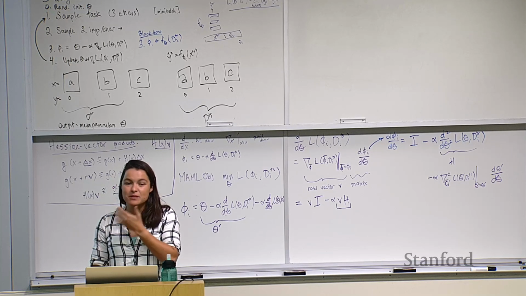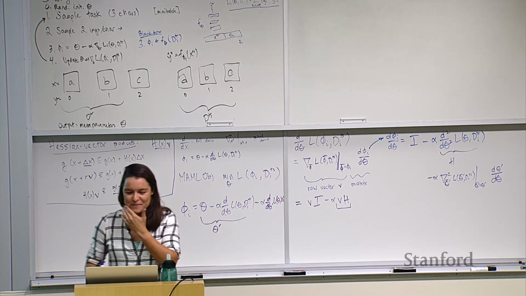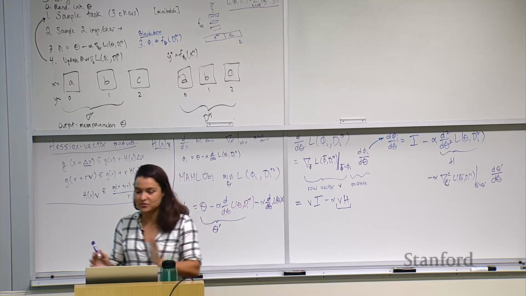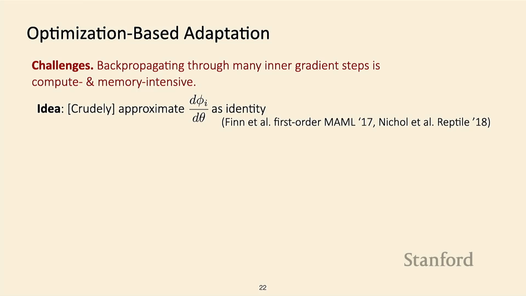For simple image classification tasks, you can actually do this, and that's not the identity, by the way. So it turns out to actually work in some cases. There's another paper that explicitly proposed this sort of first order method as well. And so if you do approximate it as the identity, you don't have any second order terms. And it can work well on simple problems. In other problems, I've found that it doesn't work well at all.